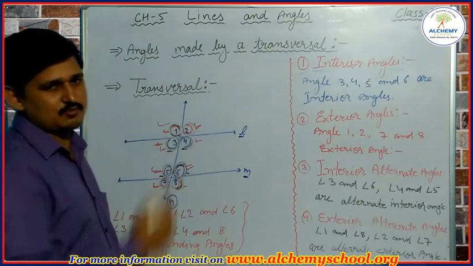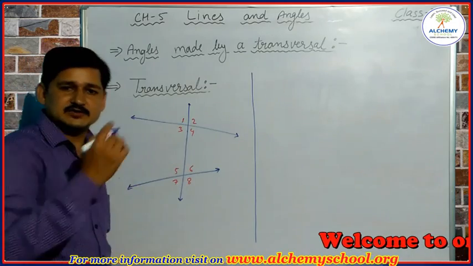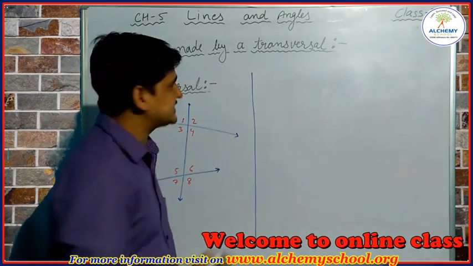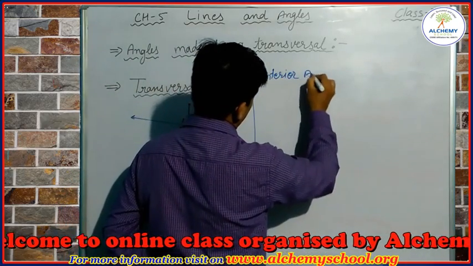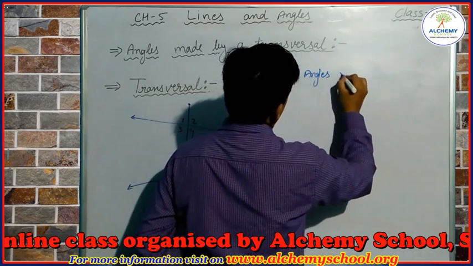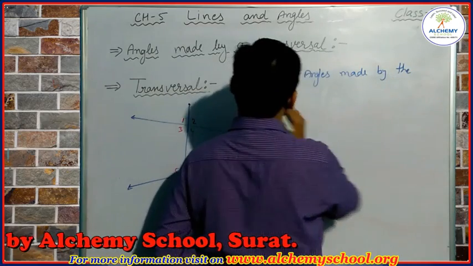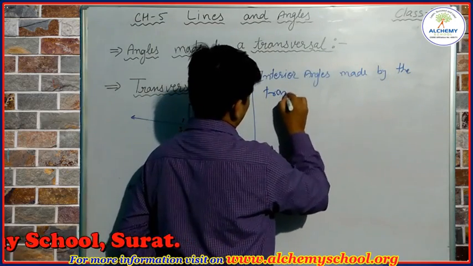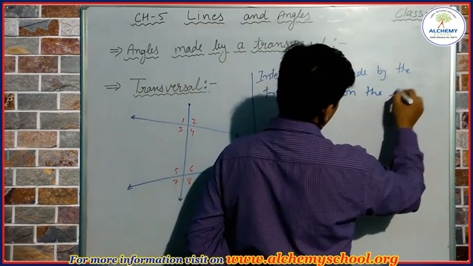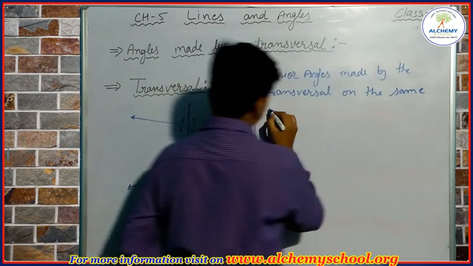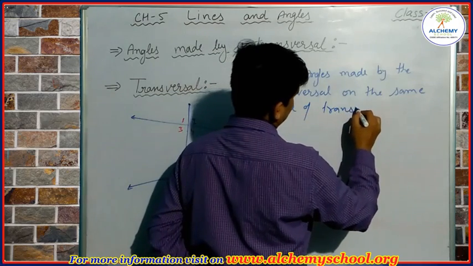Let's see some more types of angles on a transversal. The next type we are going to discuss is interior angles made by the transversal on the same side of the transversal.